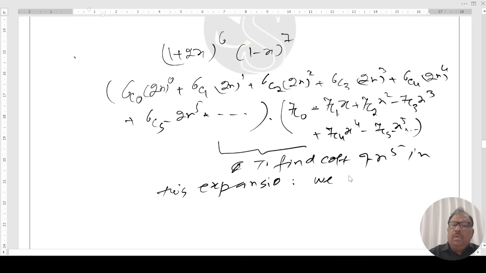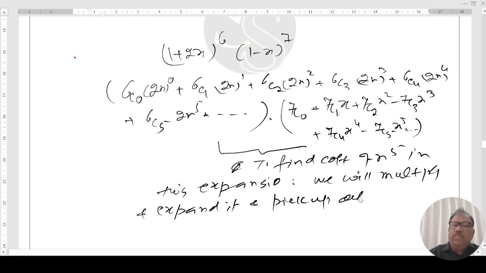We will multiply and expand it and pick up only the x^5 terms. Right? Now let's expand it and pick up x^5.